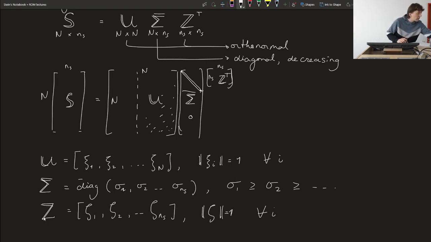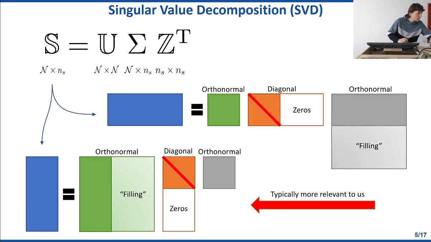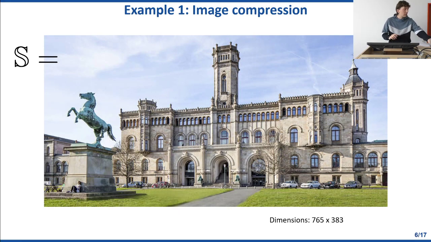And I had an illustration of that as well, in the sense of image compression, because we can think of an image as a matrix. Each pixel has a value. So that would be our snapshot matrix. And what I can do then, I can do an SVD on this data matrix, and I can only take the first couple of vectors in the first couple of columns.